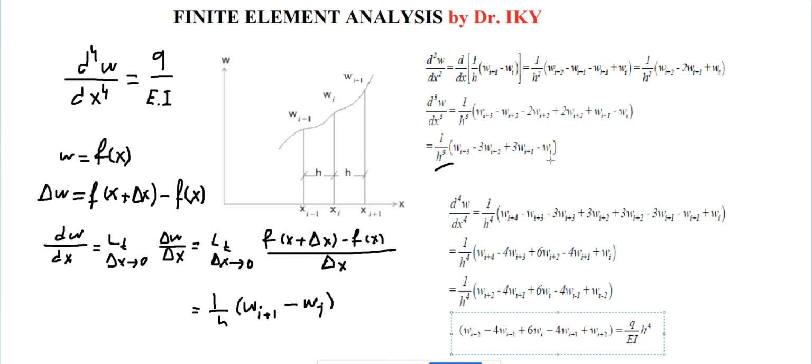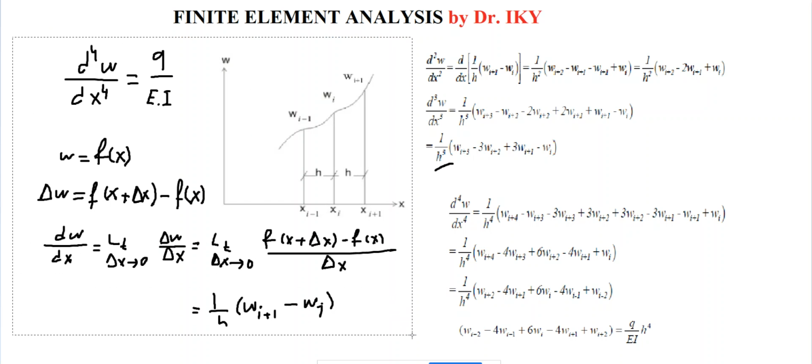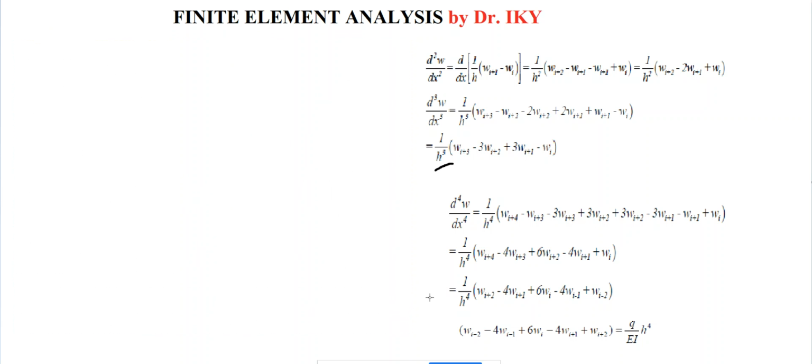The expression is in fourth order, and maybe I can show you the finite difference equation at node i here. How is the equation made? Let me clear here.